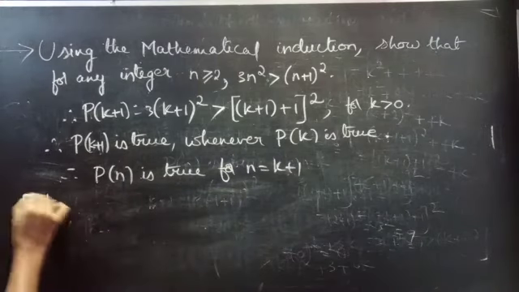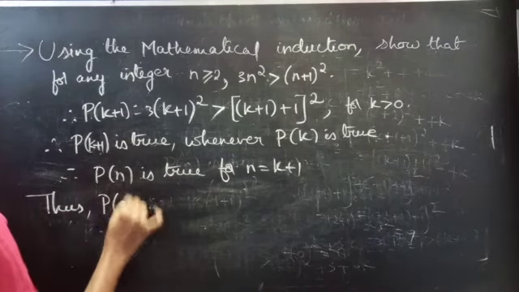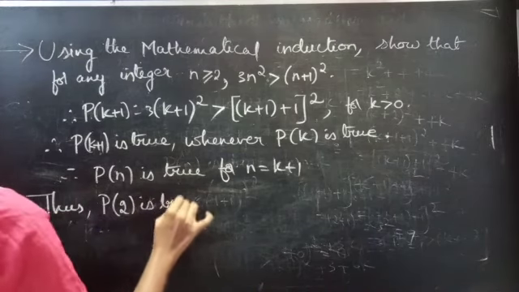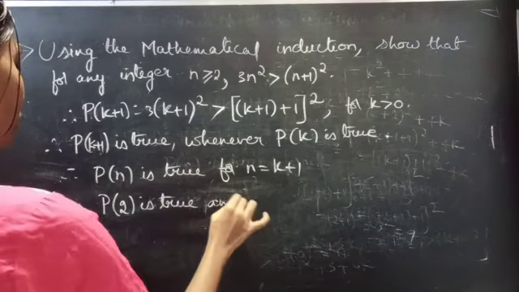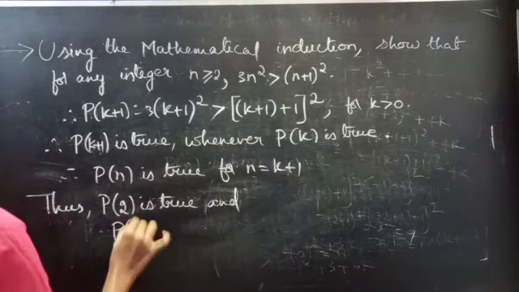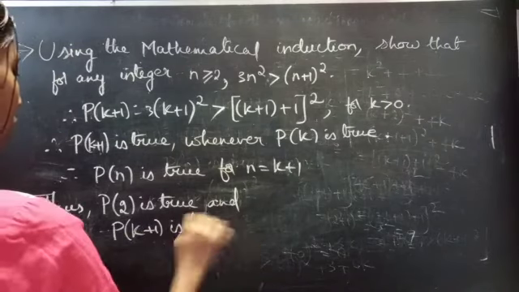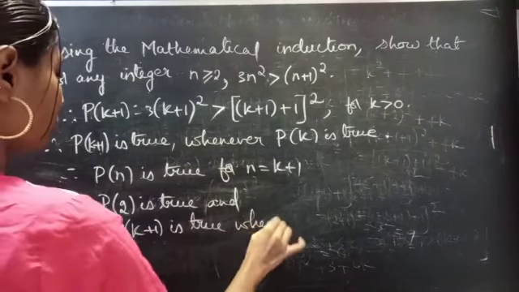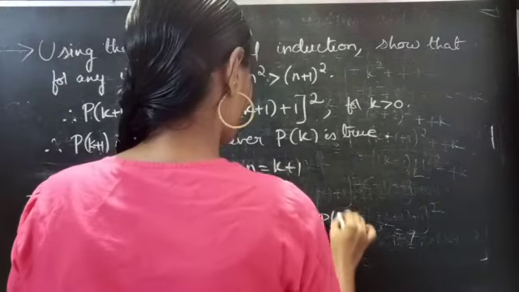Right? Thus, P of 2 is true and P of k plus 1 is true whenever P of k is true.